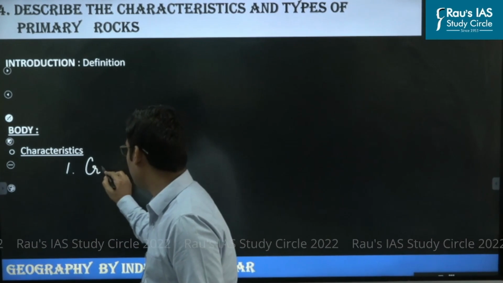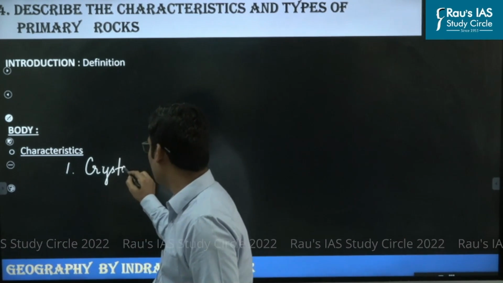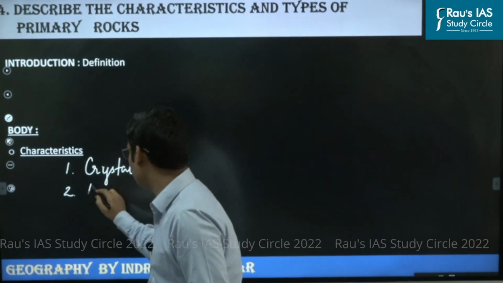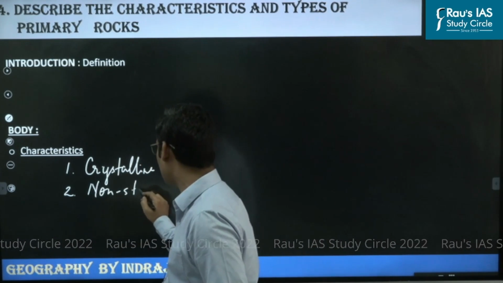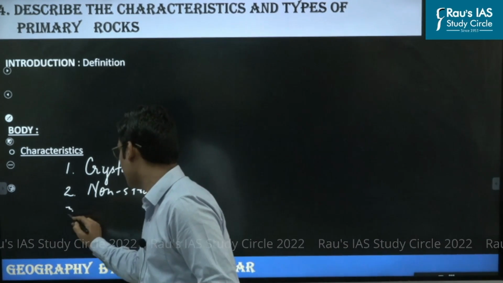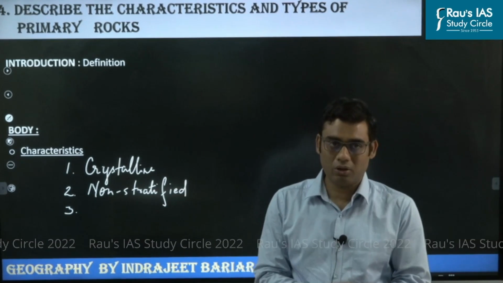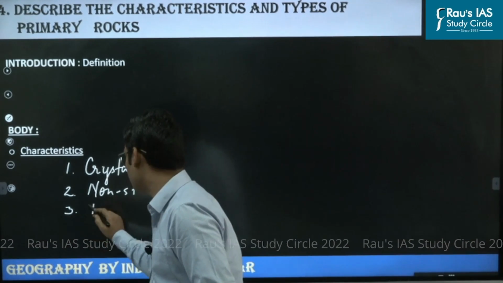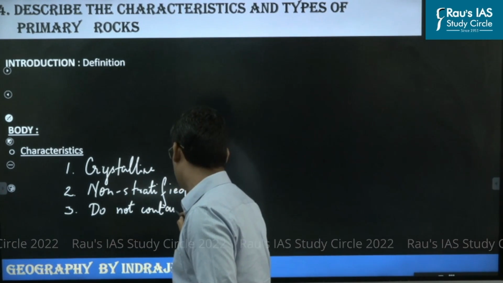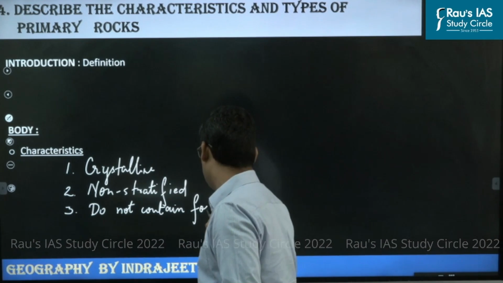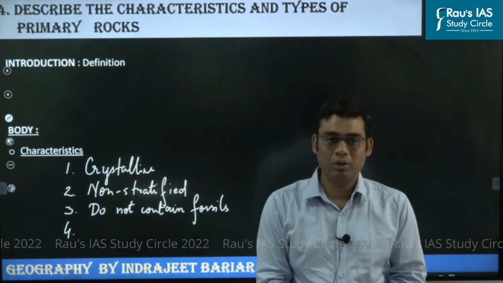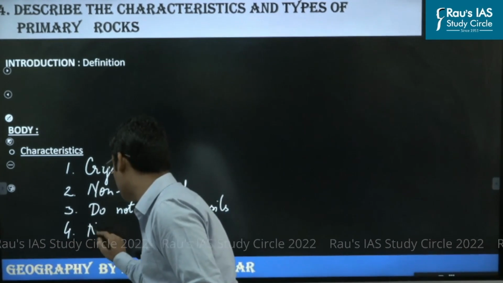So the characteristics, if we see: first of all, these rocks are crystalline in nature, the first characteristic. They are non-stratified. Then beyond that, these rocks do not contain fossils. Apart from that, these rocks are non-porous.